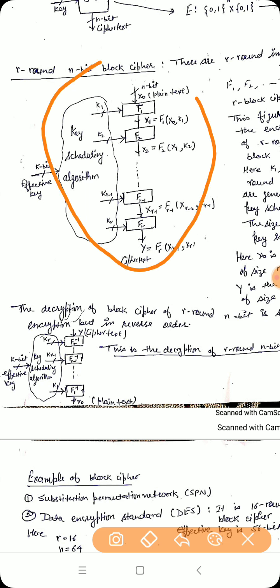So this is the structure of an R-round n-bit block cipher.